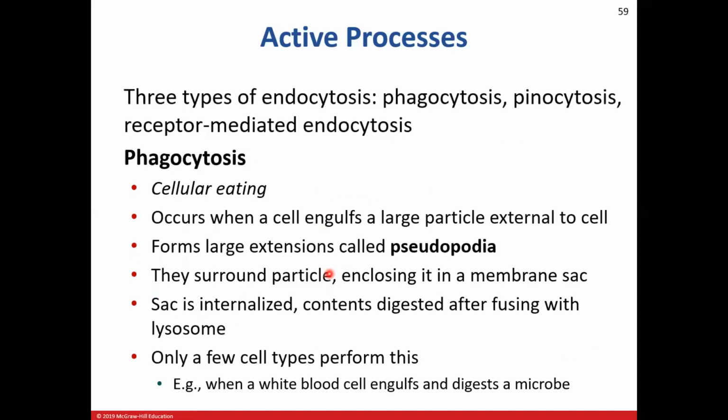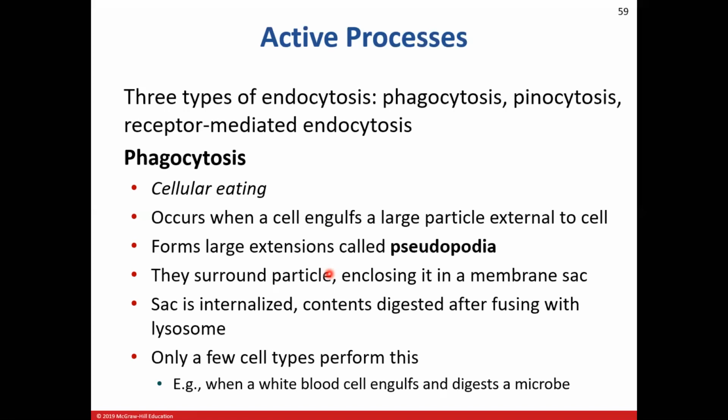So there are three types of endocytosis: phagocytosis, pinocytosis, and receptor-mediated endocytosis. With phagocytosis, we can consider this cellular eating. And so what happens is that the cell actually engulfs a large particle from the external side of the system, and it pulls it into the cell.